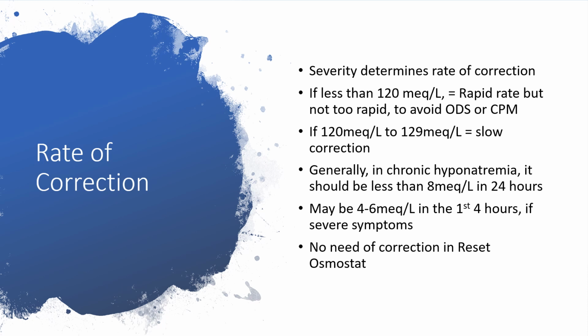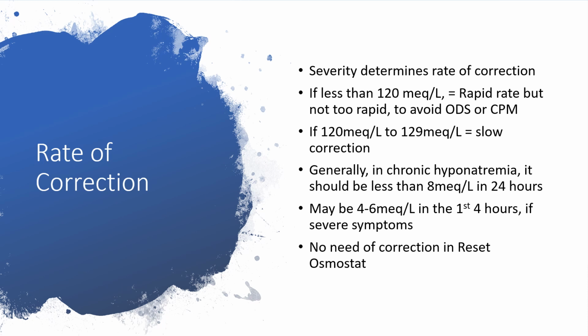Generally, in chronic hyponatremia, the increase in sodium should be less than 8 milliequivalent per liter in 24 hours.